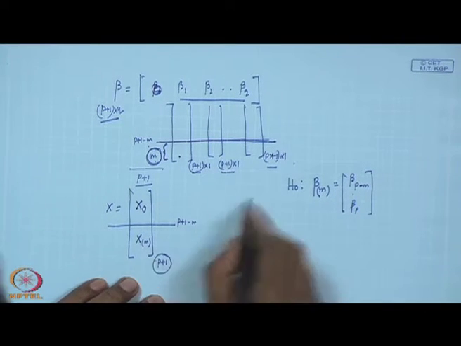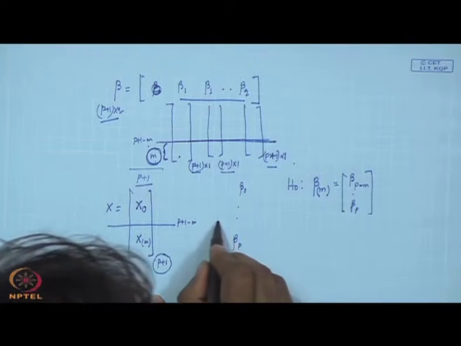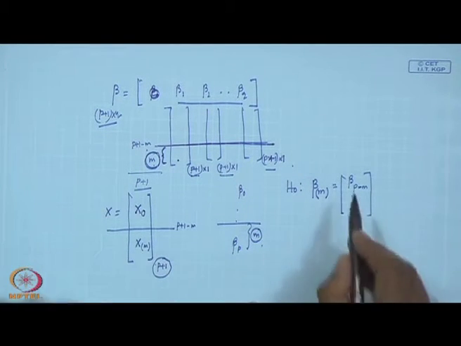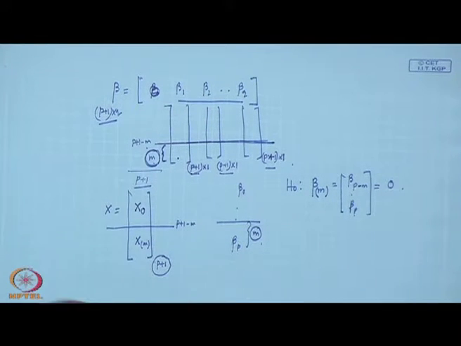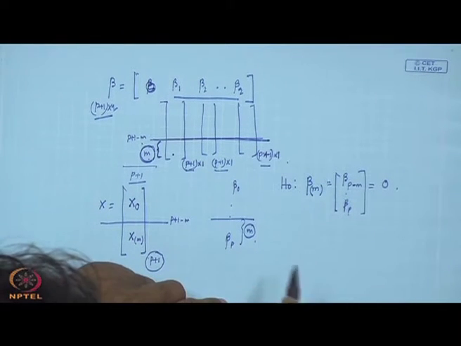I have beta 0 to beta p, and I am taking the last m as not contributing. So, this is 0. This is 0. So, please understand what we are trying to say.